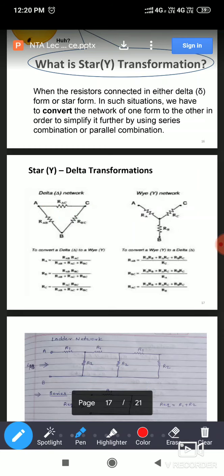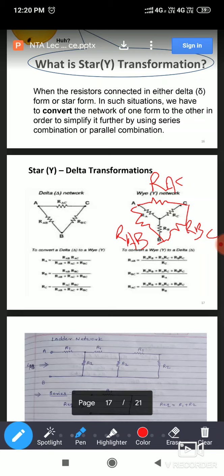Or simply I will draw here. So star delta is like this. This will be the RAC, this will be the RBC, and this will be the RAB. So star and delta combined in one figure, that is shown here.